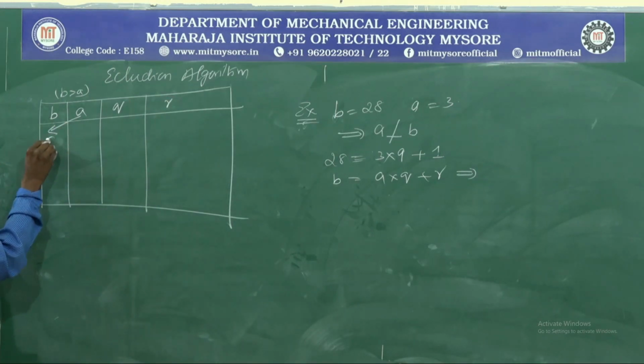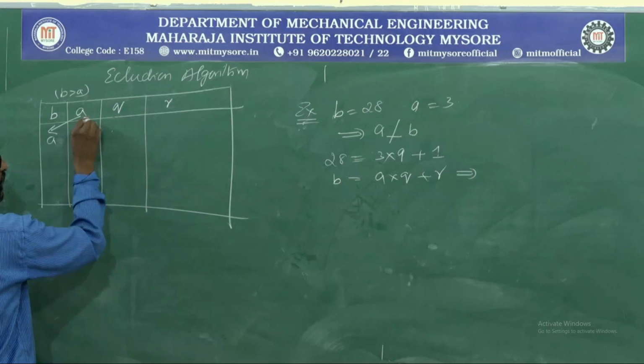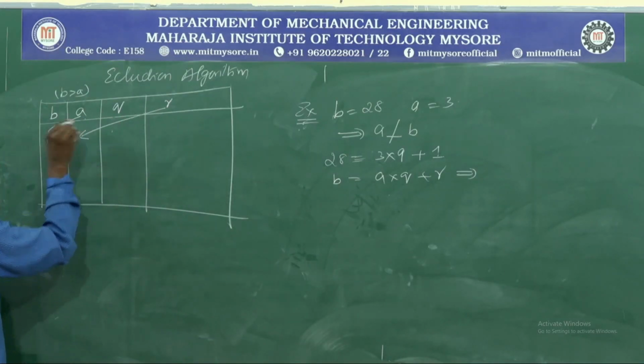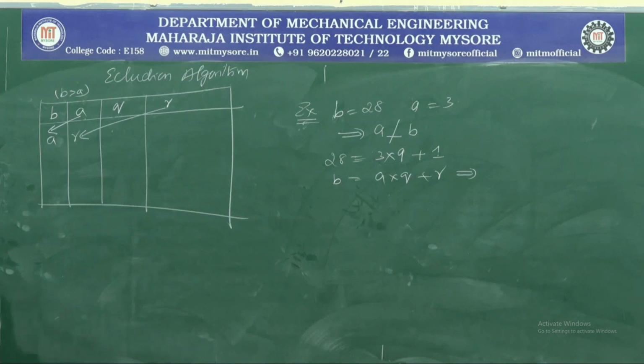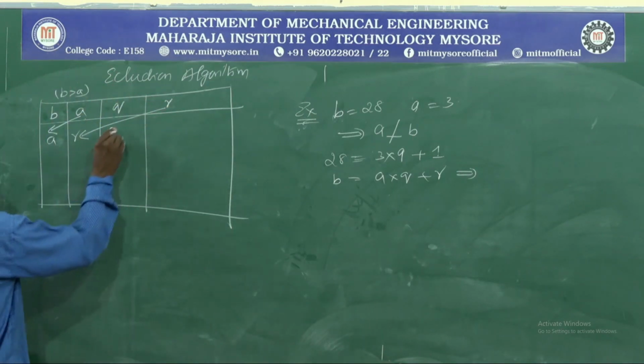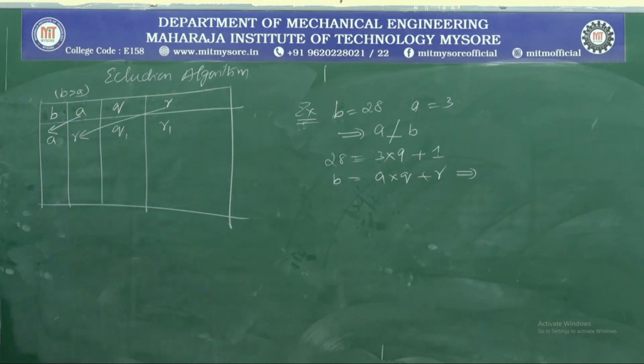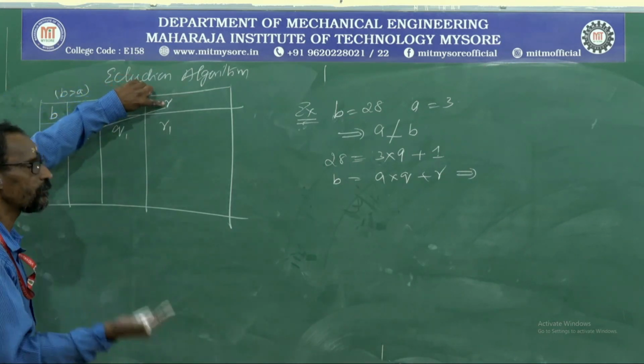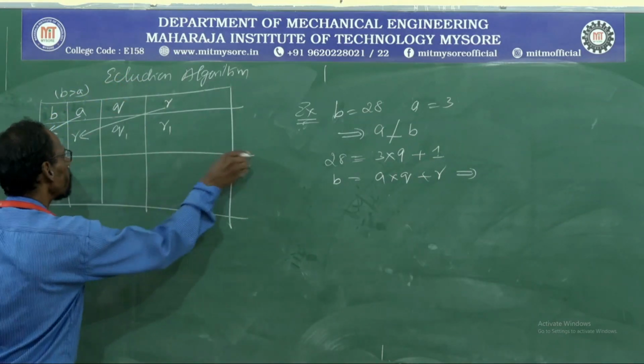In place of B, write A; in place of A, write R. Delete B, replace B by A and A by R, and follow the same procedure. I am going to get Q1 and R1. What is B? Dividend. What is A? Divisor. What is Q? Quotient. What is R? Remainder.